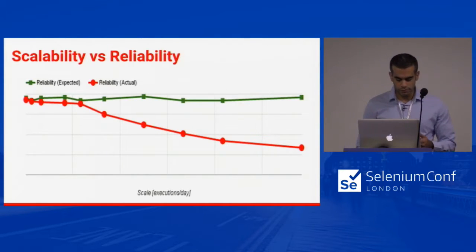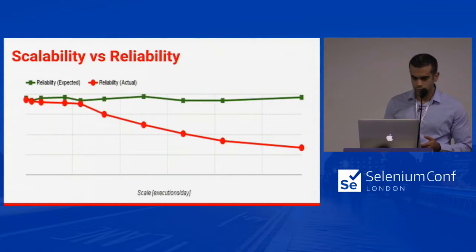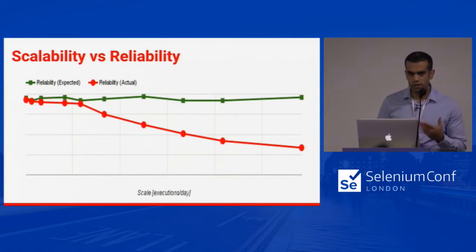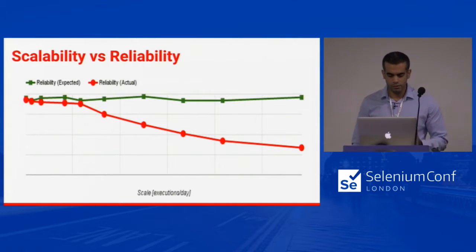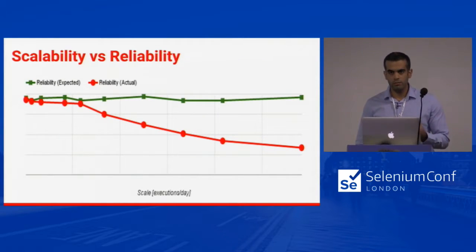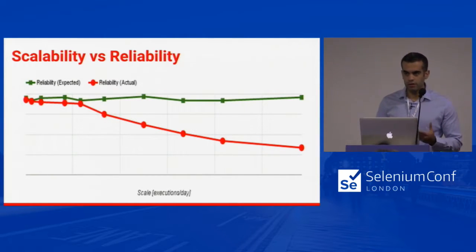And we're all aware of the issue that we have when we want to scale up and increase the capacity of our testing while keeping our system highly reliable and stable.